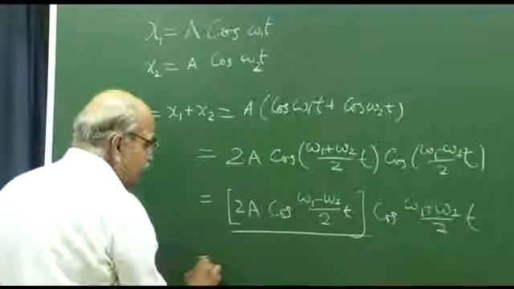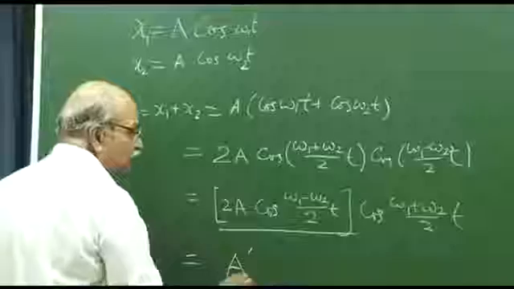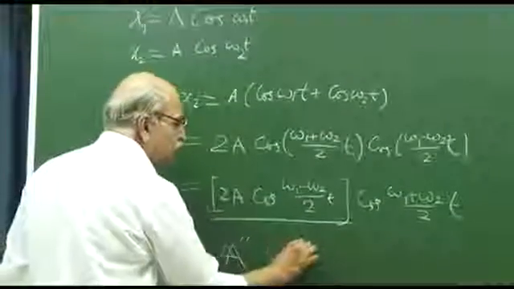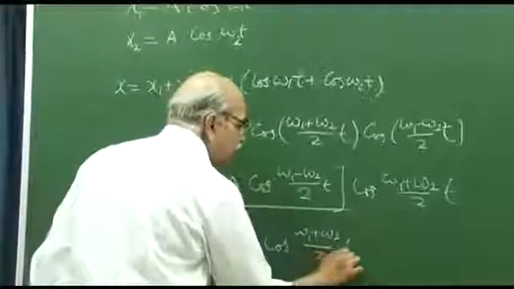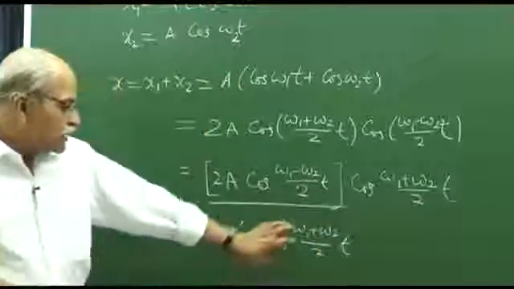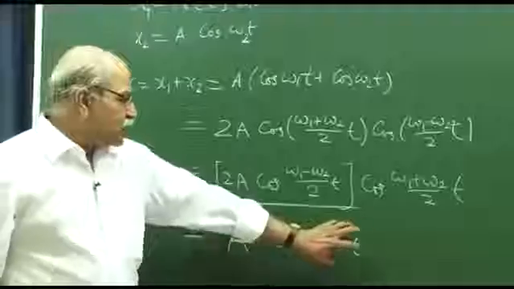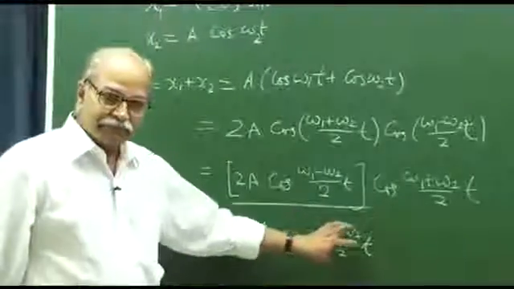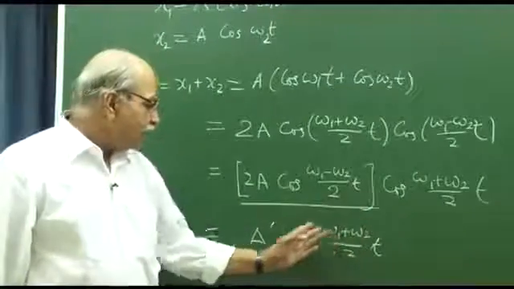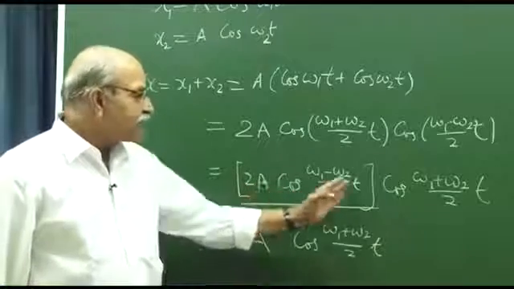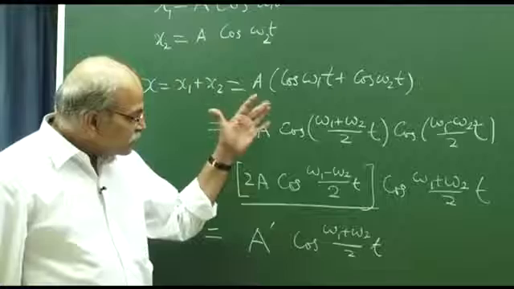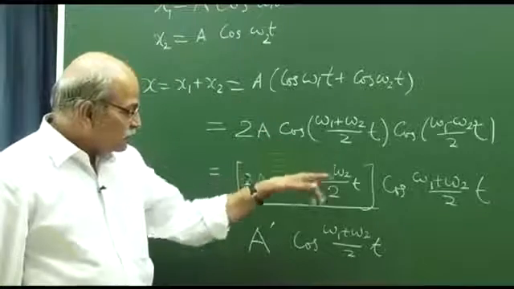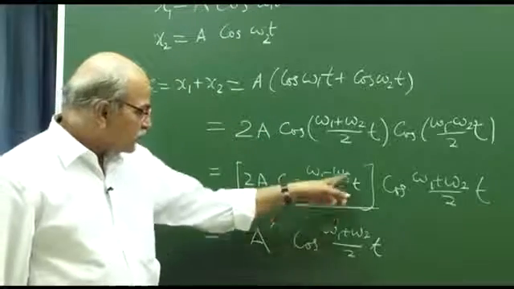You can write this as some a prime, some amplitude, and then cos of (omega 1 plus omega 2)/2 times t. This is the frequency with which it is oscillating roughly, and the amplitude itself is time dependent, and the oscillation of the amplitude is given by this frequency.